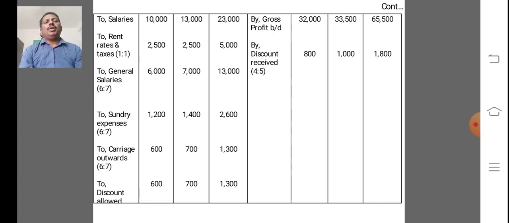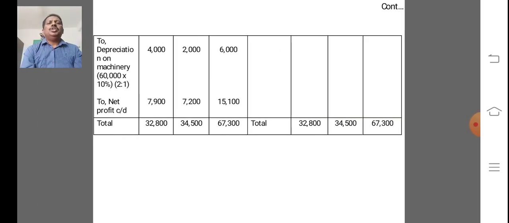Discount allowed is also distributed 6 is to 7, that is 600, 700, 1,300. So depreciation on machinery: 60,000 into 10%, that is 6,000, to be distributed in 2 is to 1 ratio, that is 4,000, 2,000, 6,000 is the total.